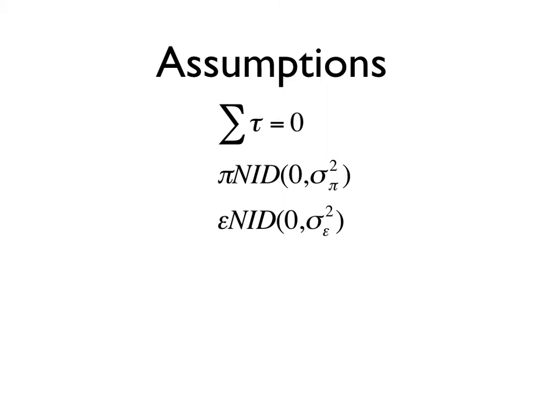They're the standard kind of assumptions we're going to make, okay? Nothing to worry about. Error is independent of pi, independent of the block here. That's an important assumption you can't violate.